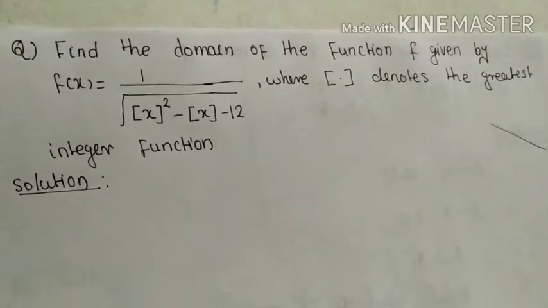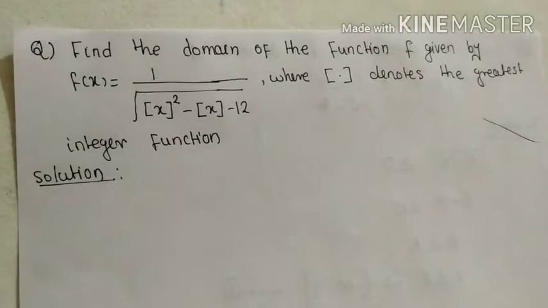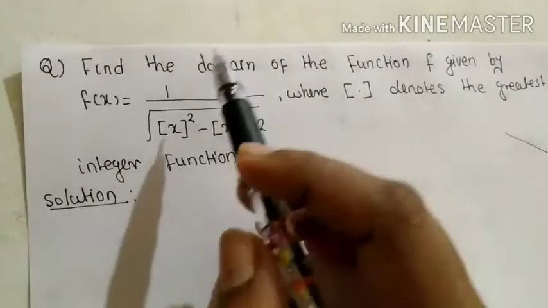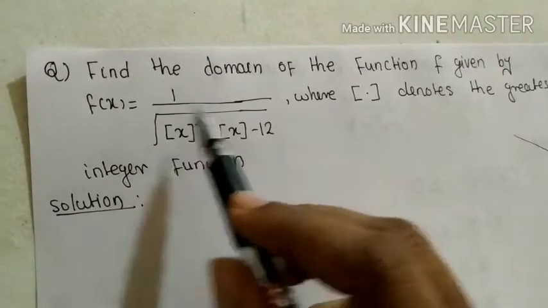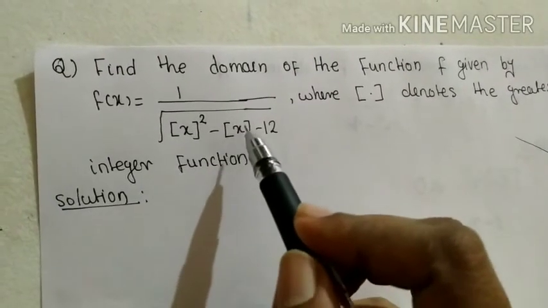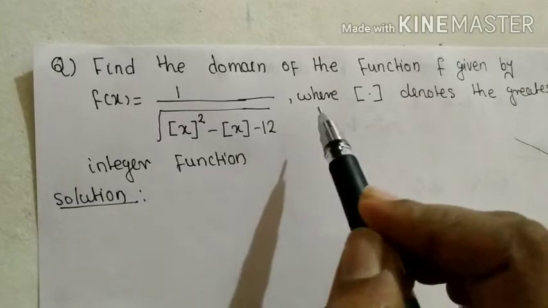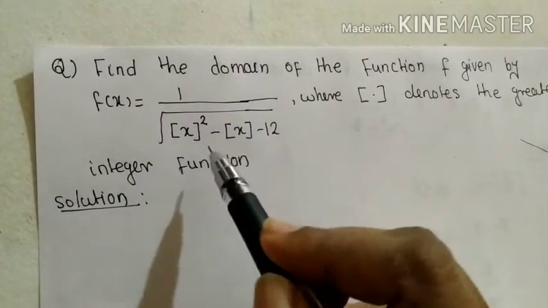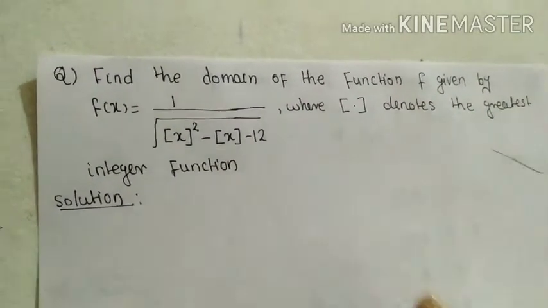In this question, find the domain of the function f given by f of x equal to 1 divided by root of greatest integer x square minus greatest integer x minus 12, where this term denotes the greatest integer function.